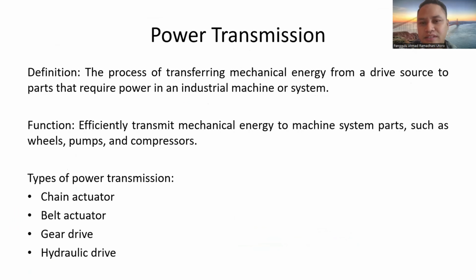Next, we talk about power transmission. To deliver the energy in some industrial practices, we need power transmission. What is the definition of power transmission? Of course, it is the process of transferring mechanical energy from a drive source to parts that require power in an industrial machine or system.